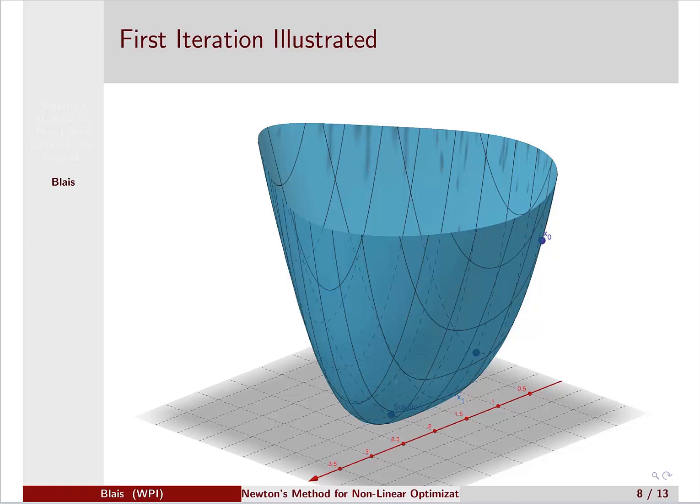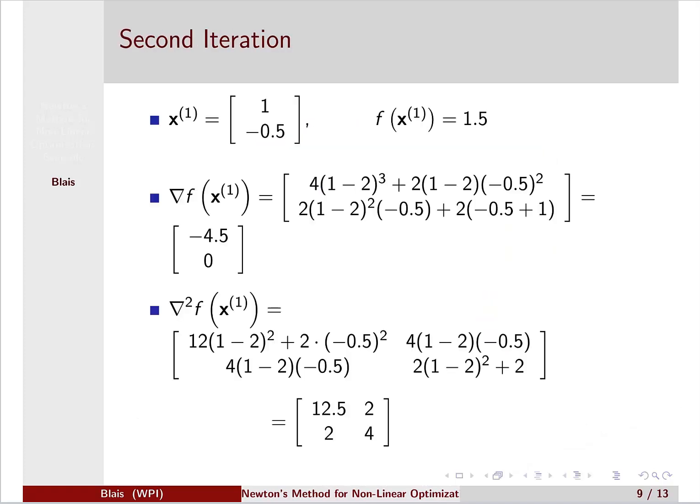Let's continue and do a second iteration and see if we move further down the surface. So for our second iteration, we're using our x1, the 1, negative 1/2, and we're plugging that in to the gradient and to the Hessian of f. And note that what we have here is simply that gradient with 1 plugged in for x1 and minus 1/2 plugged in for x2.